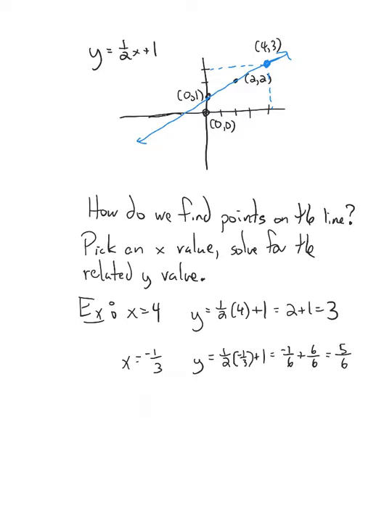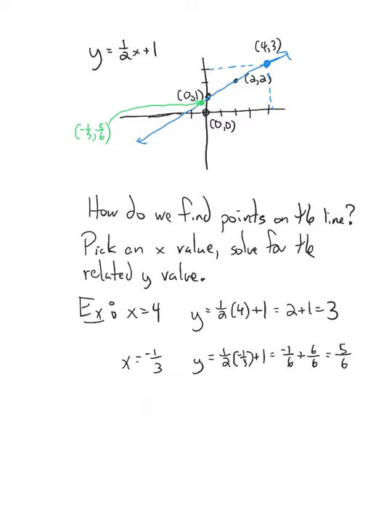So let's see if we can draw that. So negative a third is somewhere around here. So here is the point, negative a third and 5 sixths. And you can see it jives with our diagram as well.